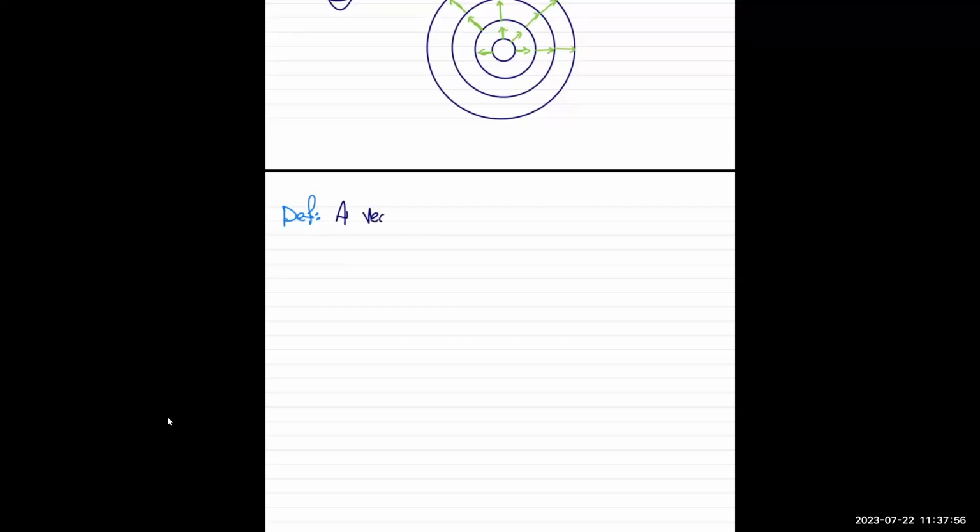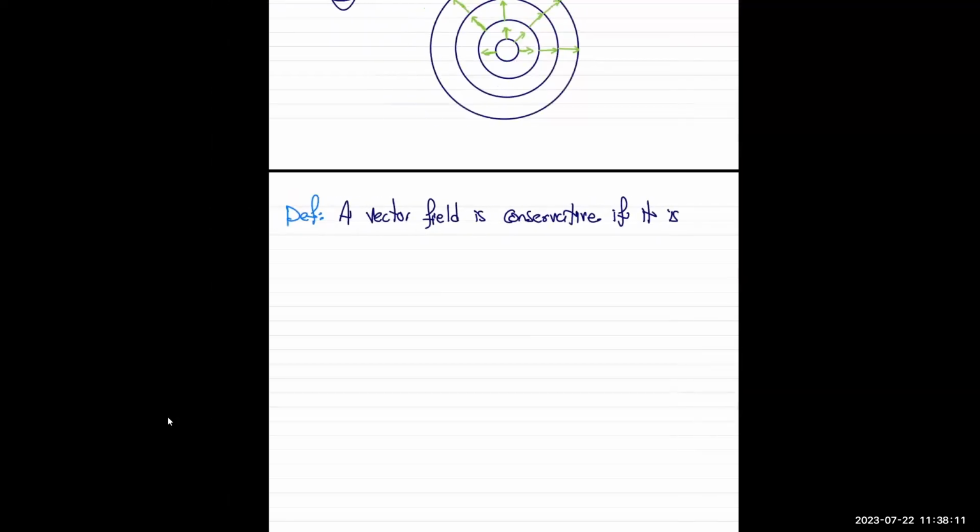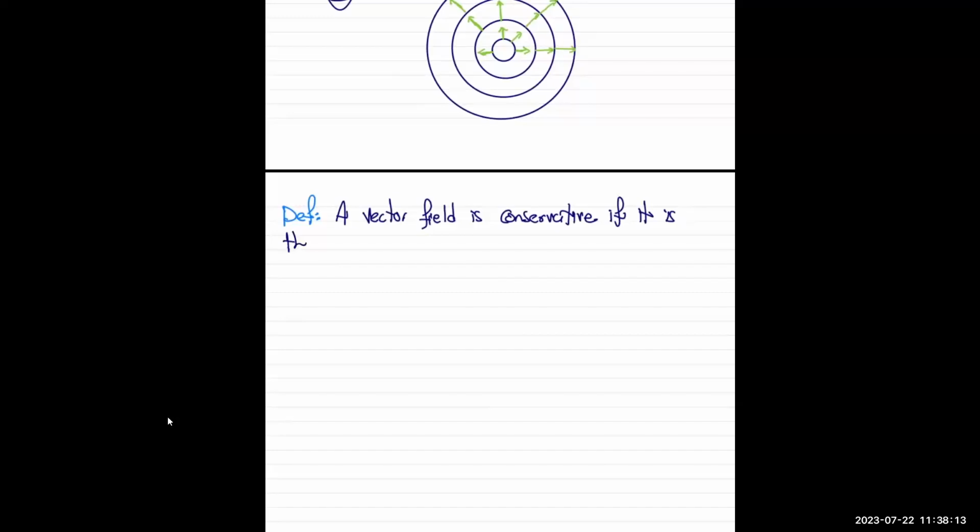A vector field is conservative if it happens to be the gradient of some scalar function.